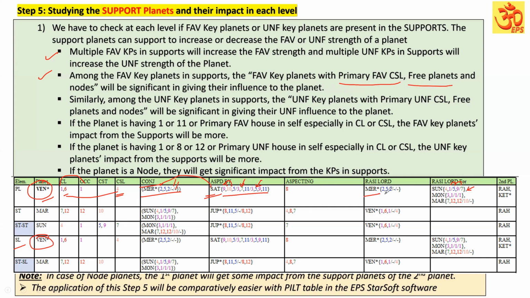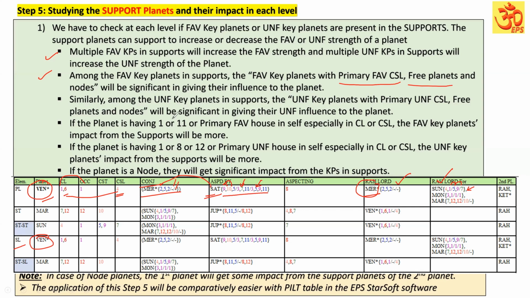You can see Mercury is a good key planet and also a free planet. So among the support planets, favorable planets, if it is a primary cuspal sublord planet or free planet, and if nodes are also there. Here actually nodes Rahu and Ketu are there as a second planet, but Rahu, Ketu significations based on if they are also favorable, that also can be considered.